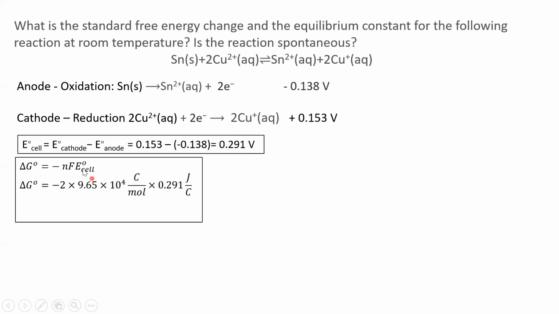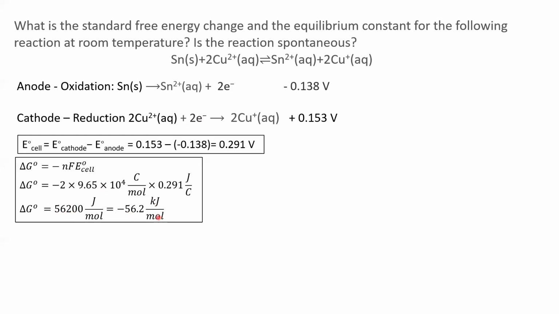This value is Faraday's constant, so it's always going to be this number. And the 2 is the moles of electrons that are being transferred between our oxidation and our reduction. So delta G is 56,200 joules per mole of electrons, or negative, there should be a negative sign here, negative 56.2 kilojoules per mole.